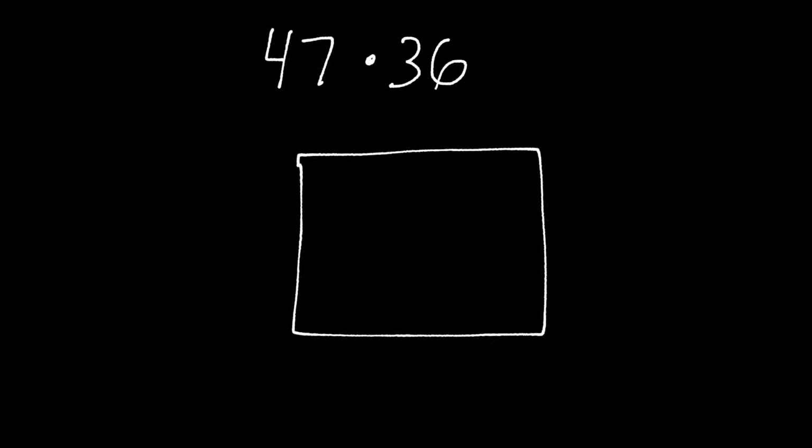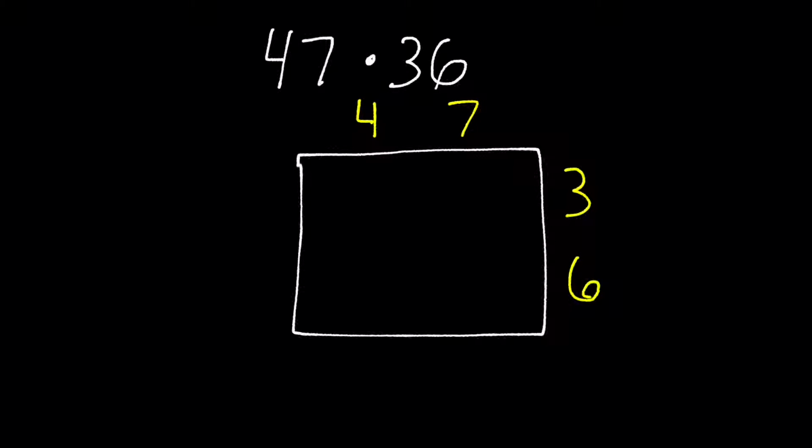So let's start by drawing our box, just like we have in all of the other examples. I like to take the first number that's bigger and put it on top. It really doesn't matter though, but I'm still going to do it that way. So I'll write 47 up here, and then I'll take the 36 and I'll write that on the side, up and down.